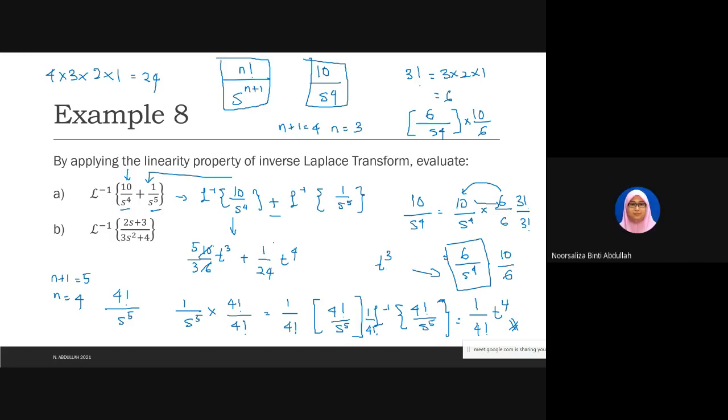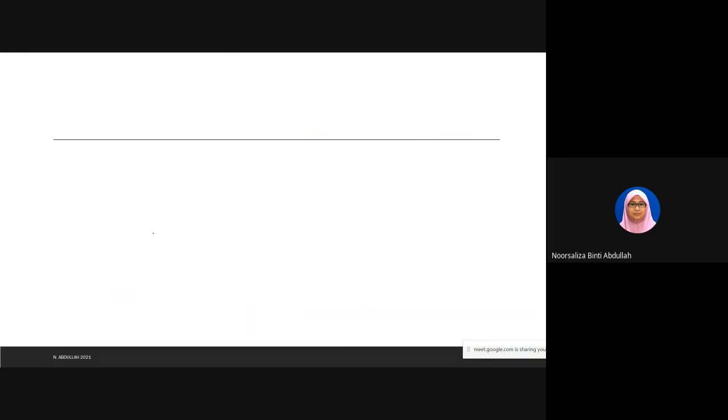Okay, next kita tengok example kedua. So example kedua is you want to find the inverse of (2s plus 3) over (3s square plus 4). We want to use the linearity properties.